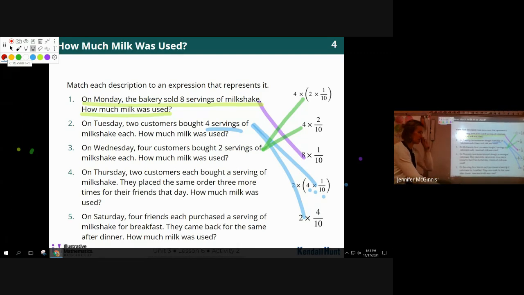They placed the same order 3 more times for their friends that day. How much milk was used?